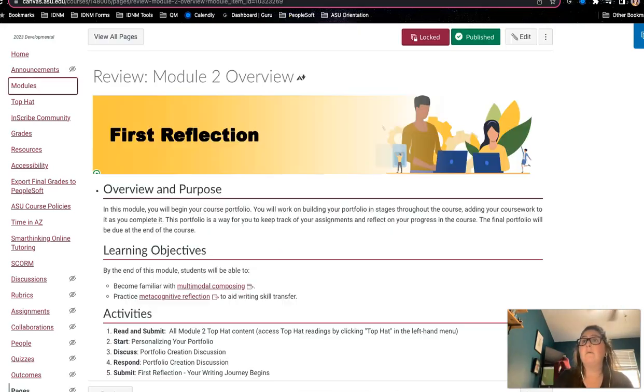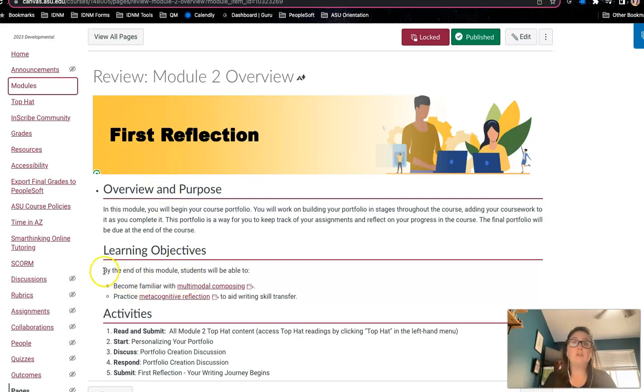Going over to Module 2, as we go through this course, this workshop together, you'll see a little bit more about how I organize modules, in that I tend to use the same kind of format every module, where each module will start with this overview page, where we include an overview and purpose to give students a sense of what we're doing and why we're doing it.